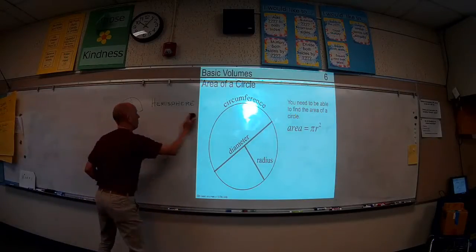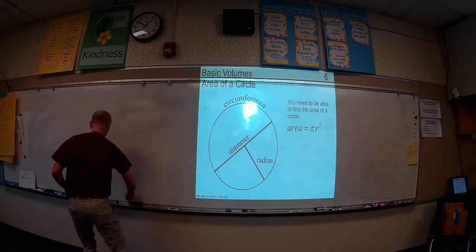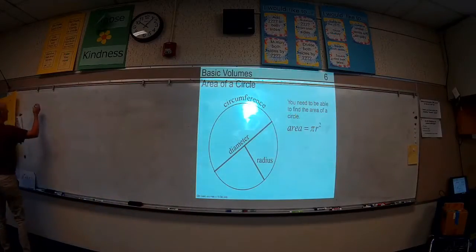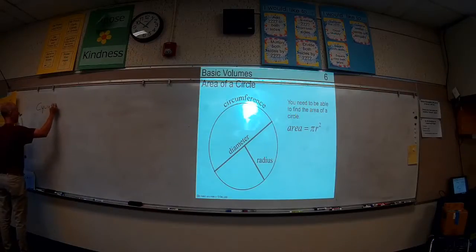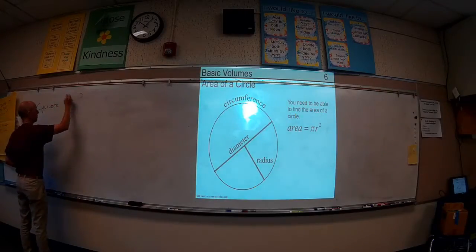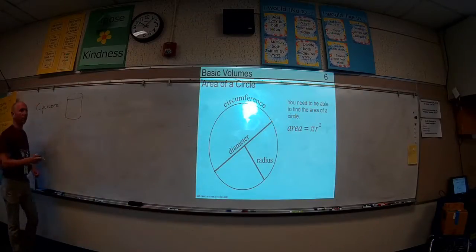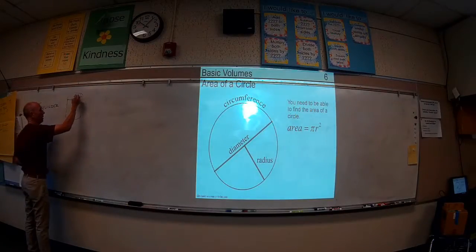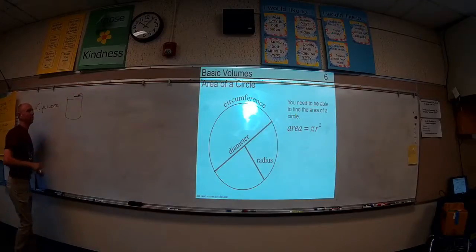So let's start with a cylinder. A cylinder with a radius of r. Can you get that into your notes?